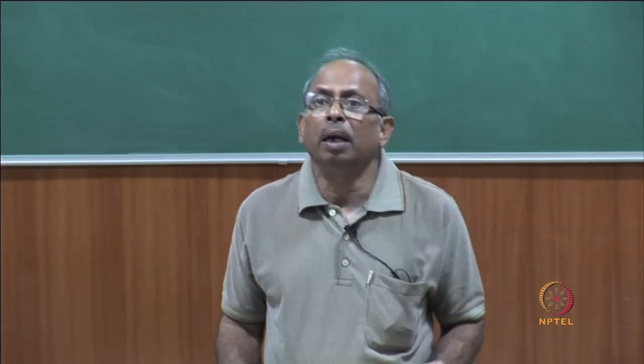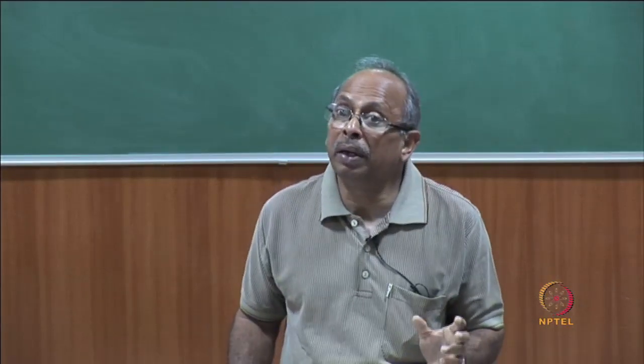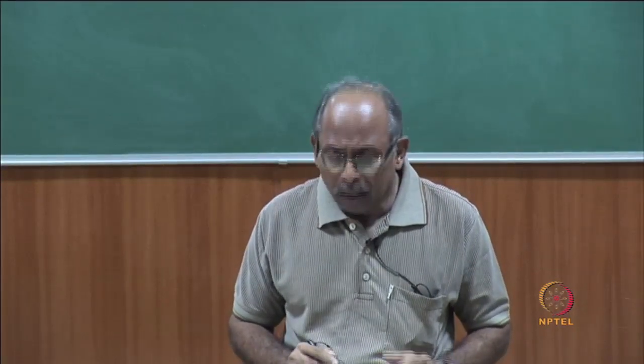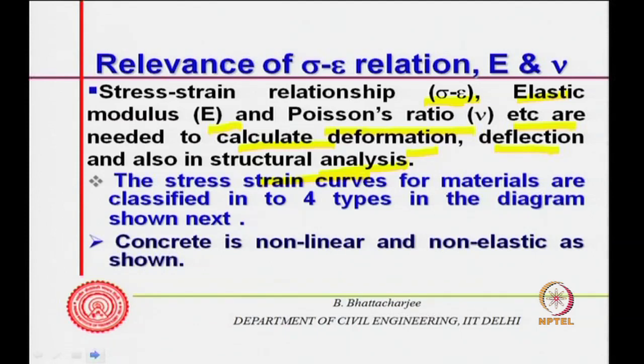Now, stress strain curves of materials we can classify into 4 types for all materials in general. Of course, we have left out elastomers, but typically these are the 4. We will see that concrete is non-linear and inelastic.